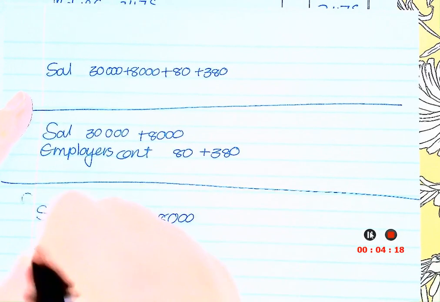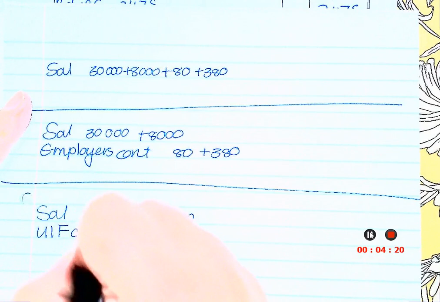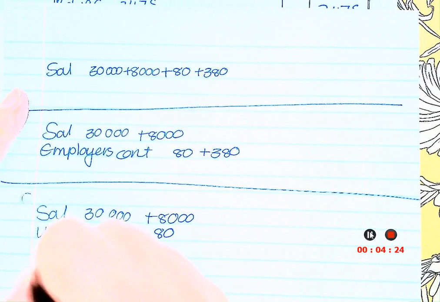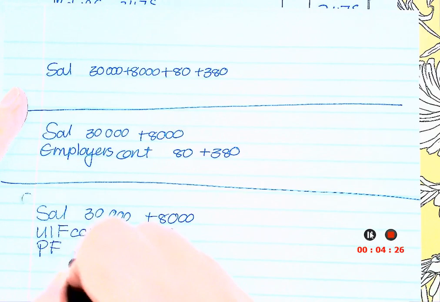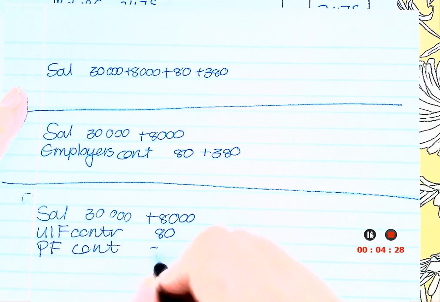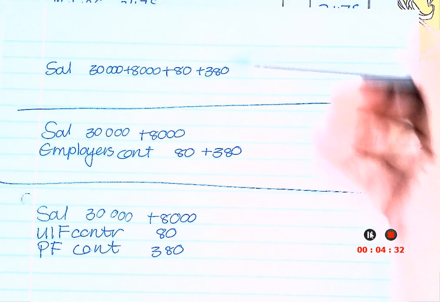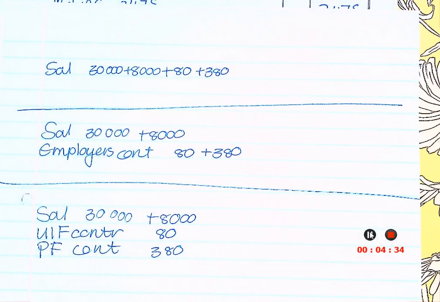Then I say UIF contribution is 80. Pension fund contribution is 380. You can do in this exercise any one of the 3 because they didn't tell you which one to use.